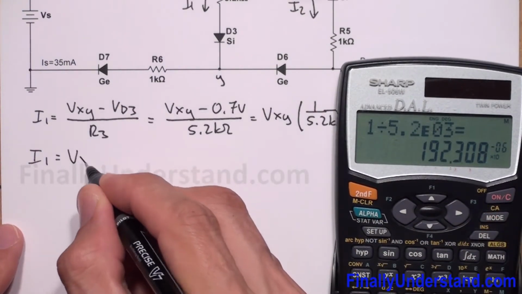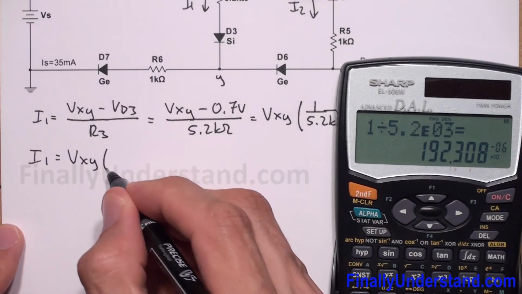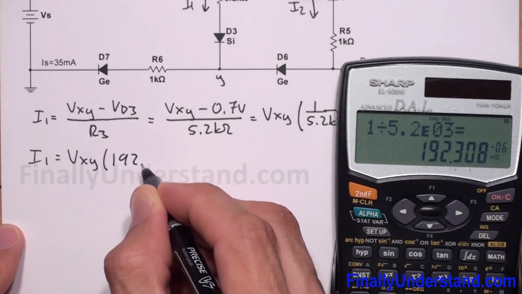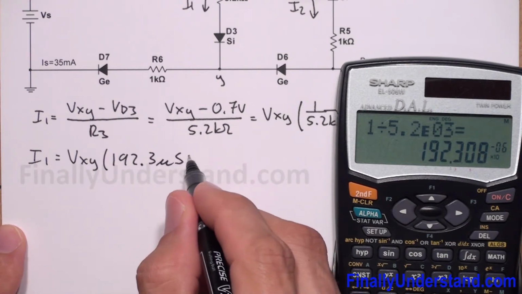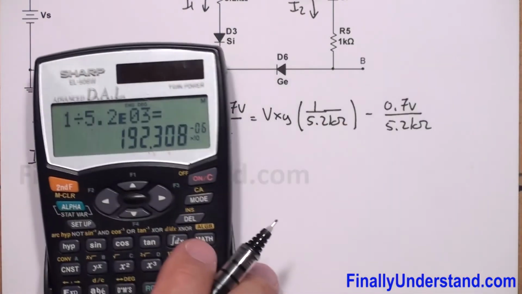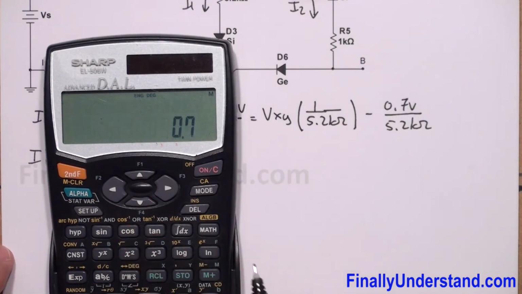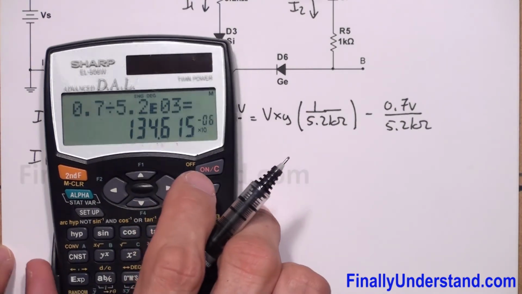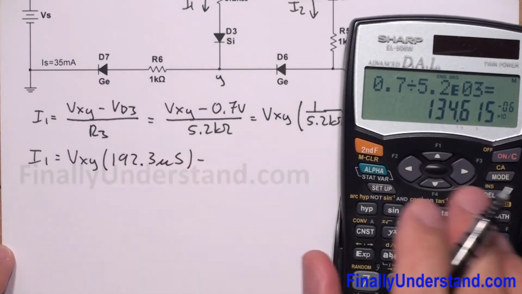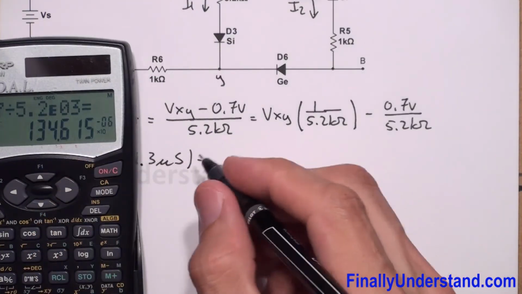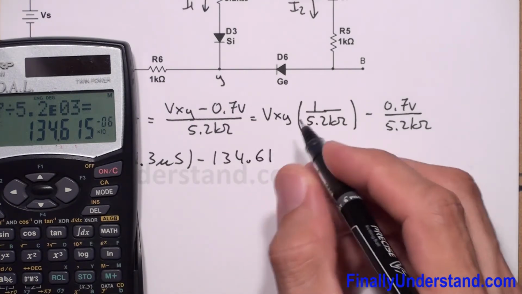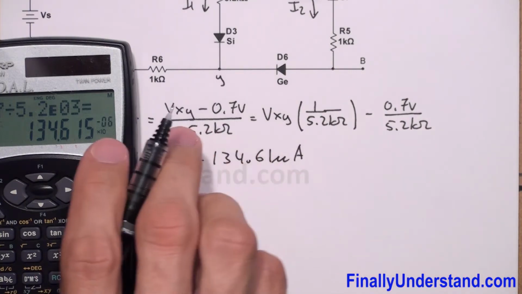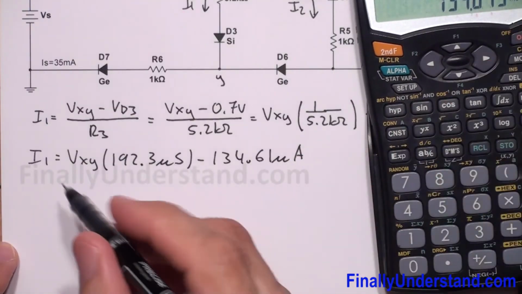So I have Vxy times 192.3 microsiemens, minus 0.7 divided by 5.2 exponent 3, which is equal to 134.61 microamps. Okay, so this is my I1.